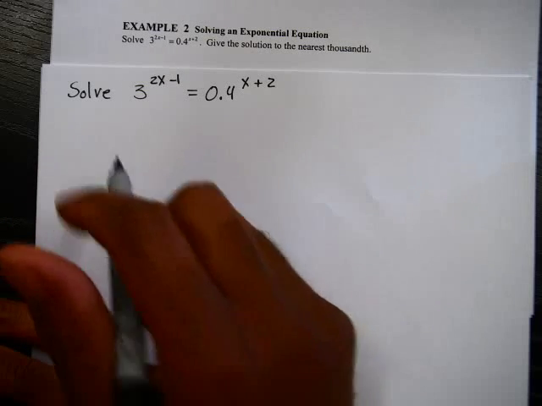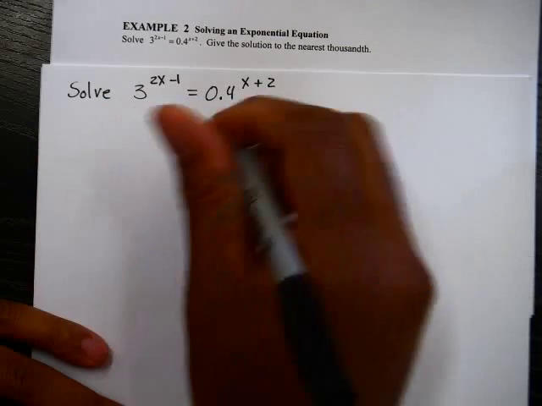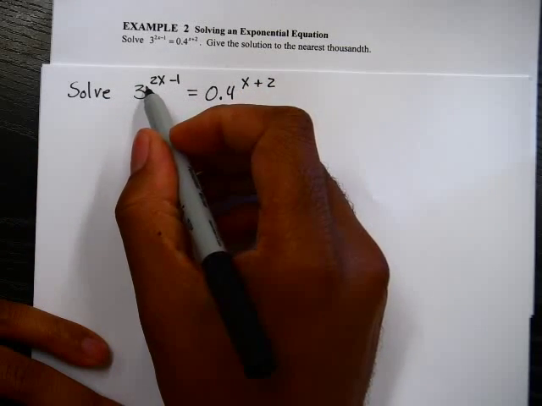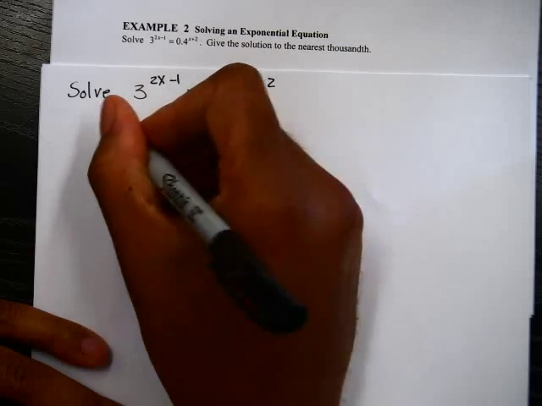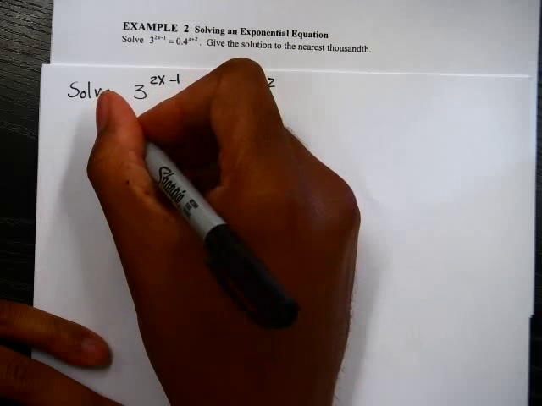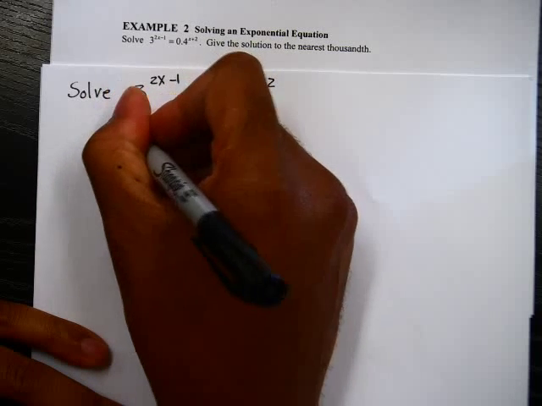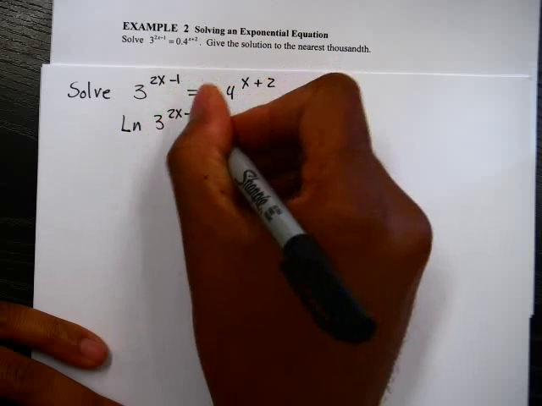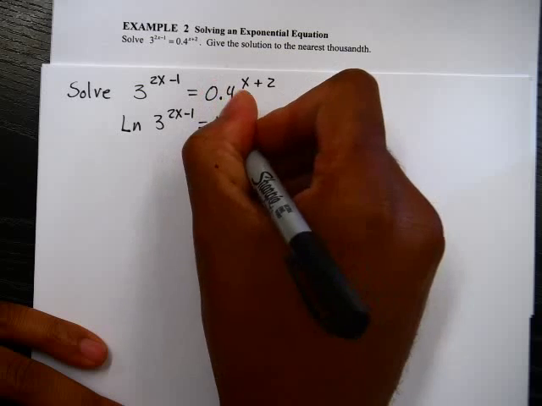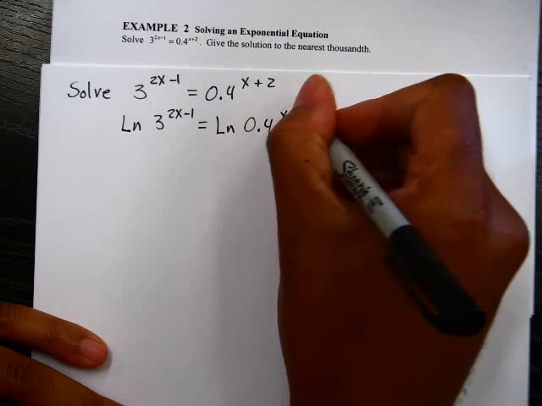So first thing I do is take the LN of both sides, which is the natural log, so that I can bring those exponents down to the front because they contain our x's. So I'm going to say the LN of 3 to the 2x minus 1 equals the LN of 0.4 to the x plus 2.